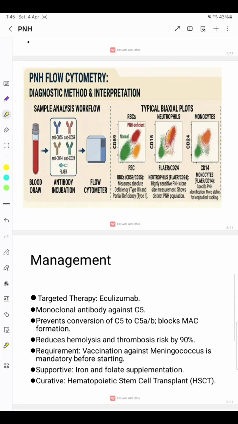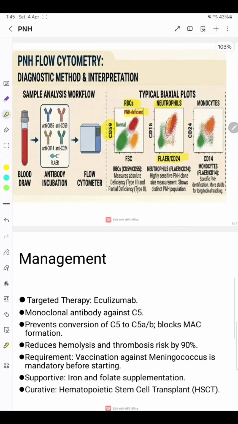So as we can see, in PNH CD59 is deficient. This is the flow cytometry image of the RBC showing the CD59 deficient population. The neutrophil CD in flare. This is the deficient population.